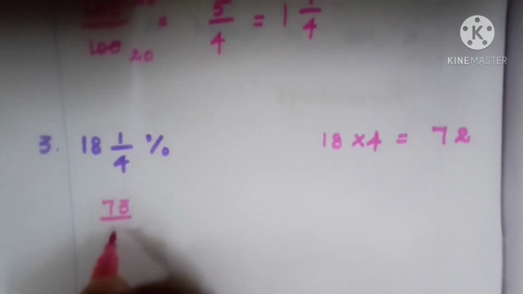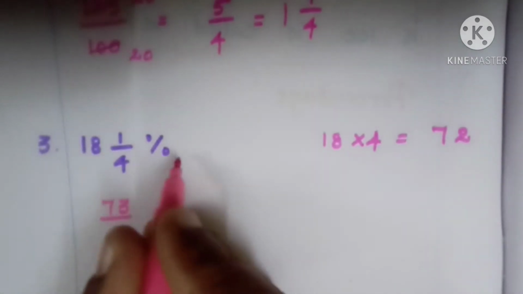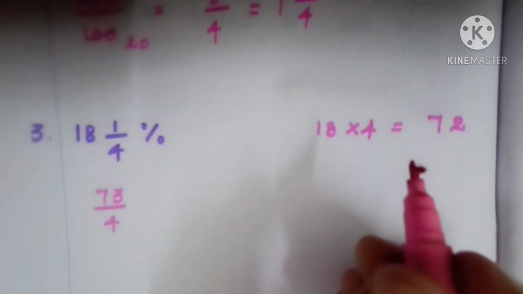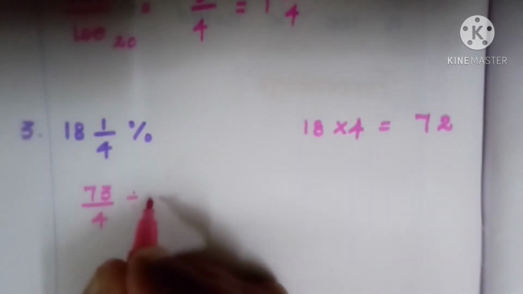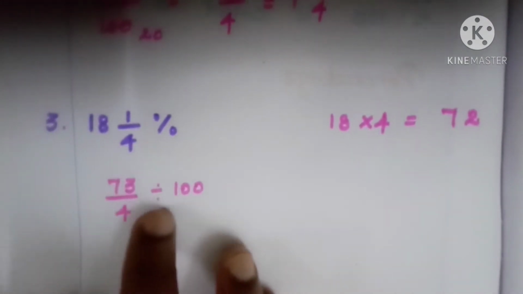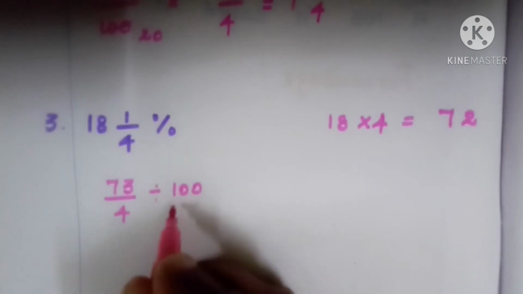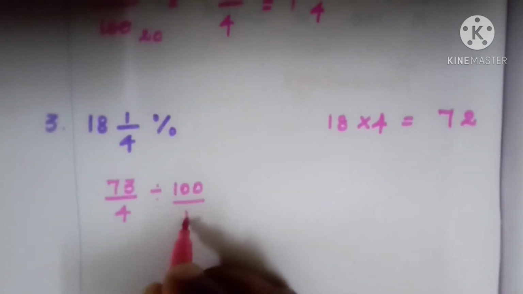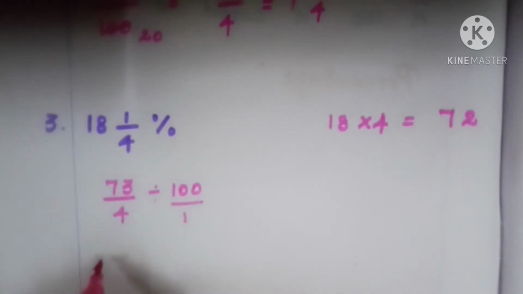73 by 4 percentage, so 73 by 4 divided by 100. 100 is the numerator. What is the denominator? 1. Then 73 by 4.